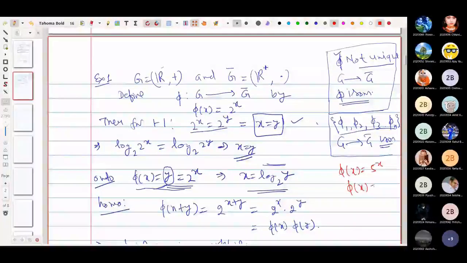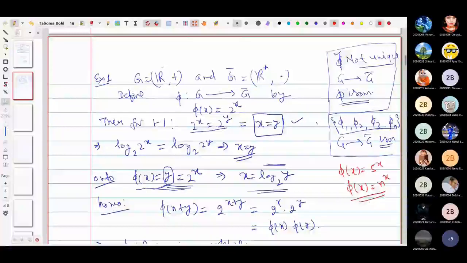Or you can define this, suppose, because R plus is nothing but positive real numbers. So can we write like this also? Corresponding to each natural number, we will be having this.